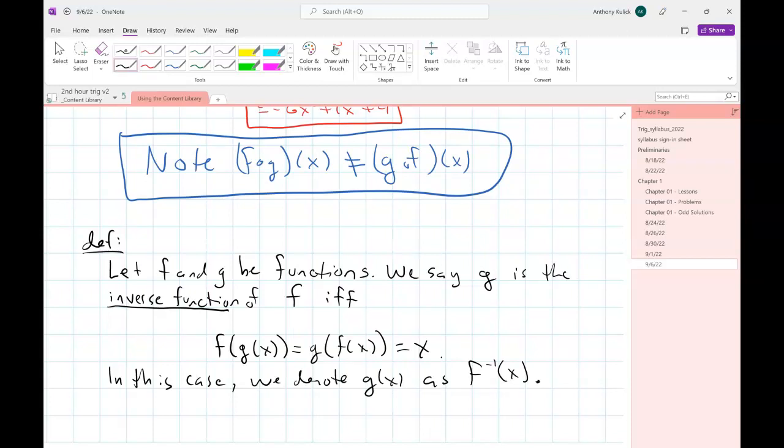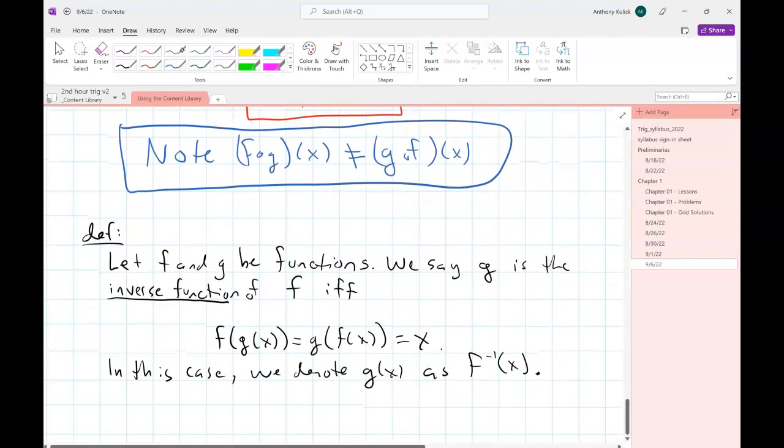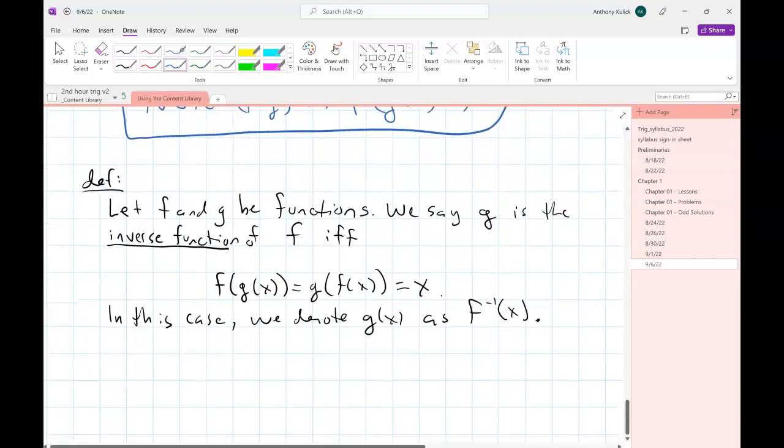When this is true, we give g of x a special name. We call it f inverse. So when we read this symbol here, this f with the -1 exponent, we read that as f inverse of x.